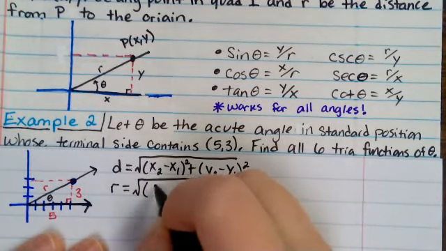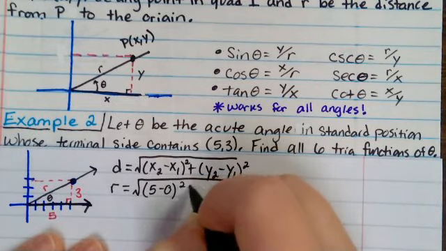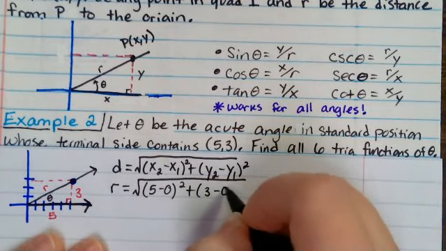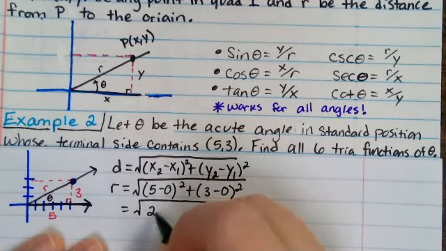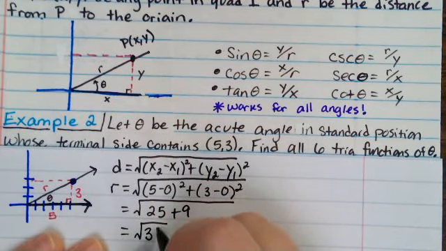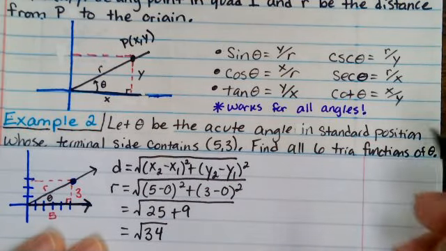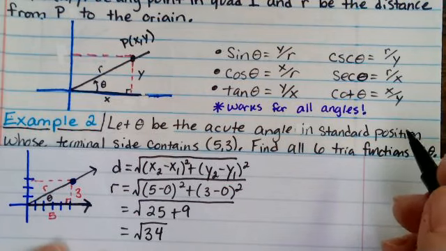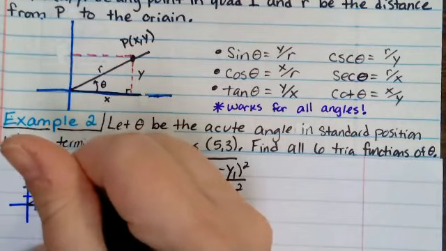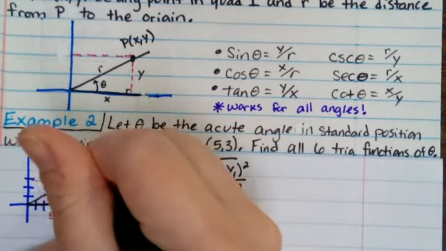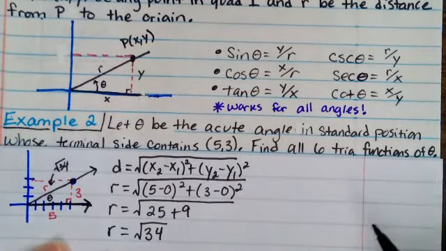So this would be the square root of 5 minus 0 squared plus 3 minus 0 squared. So that becomes 25 plus 9 under that square root, and this is the square root of 34. That does not reduce, so that is what it is. Again, that's the r value, okay? So right there, that is square root 34.